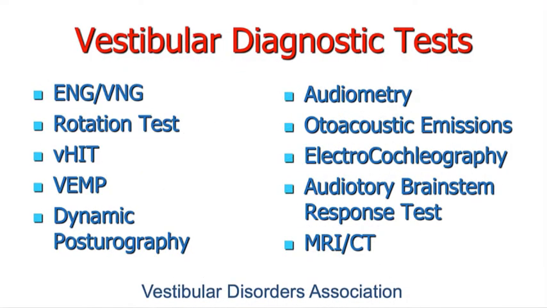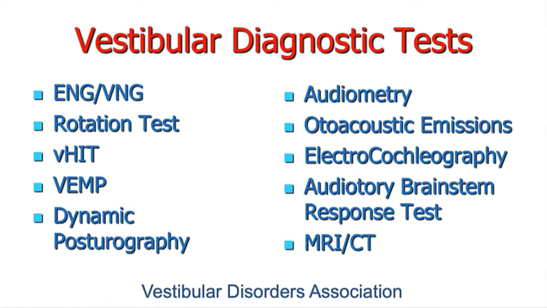The Vestibular Disorders Association recommends the following vestibular diagnostic tests be performed on a patient who has sustained a concussion: an ENG or VNG, rotation test, the VHIT test, the VEMP test, dynamic gait posturography, audiometry, otoacoustic emissions, electrocochleography, auditory brainstem response test, an MRI, and/or a CT scan.